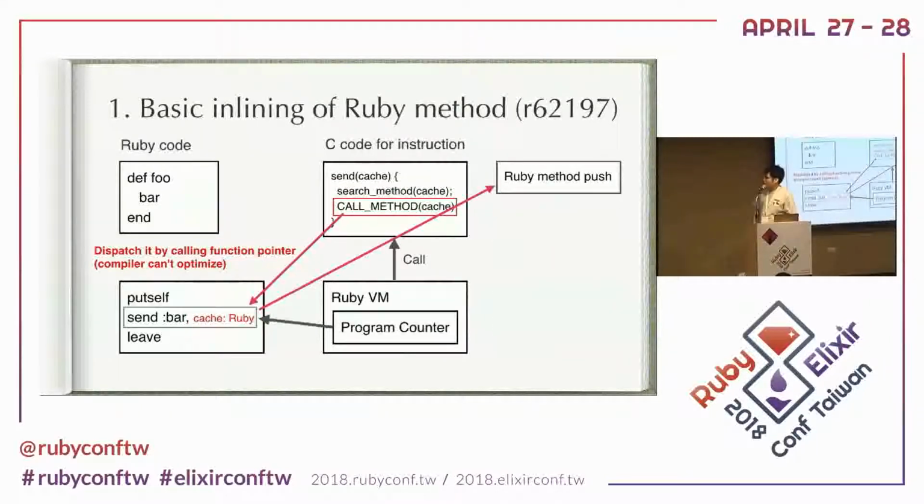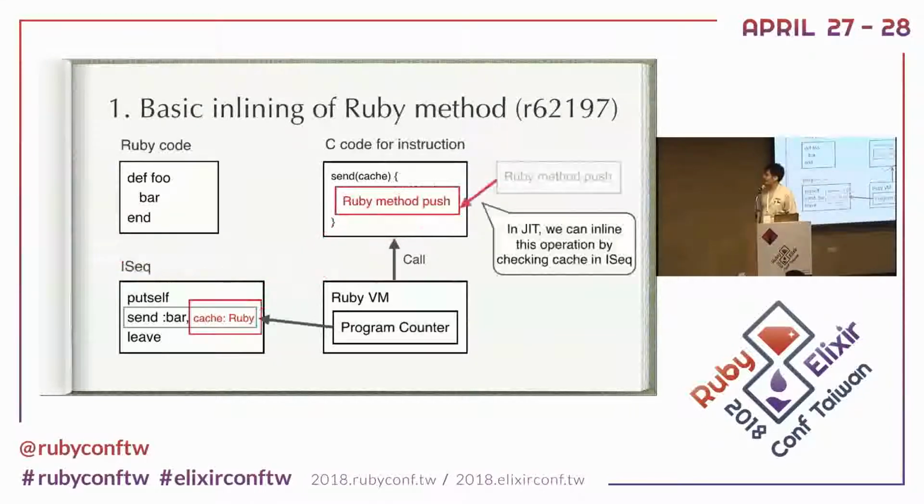After it's inlined in the send instruction, call method will call the C function pointer of the Ruby method push. But if it's just calling the C function pointer, the C compiler can't know how to optimize a plain function pointer. So we need to inline the actual definition of the Ruby method push to optimize this. It's one of the blockers of Ruby's performance.